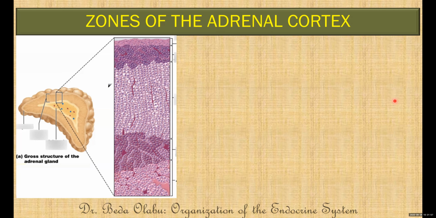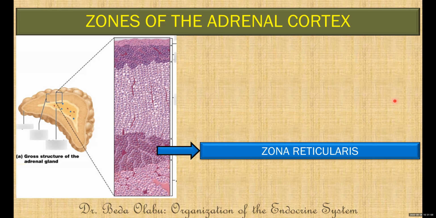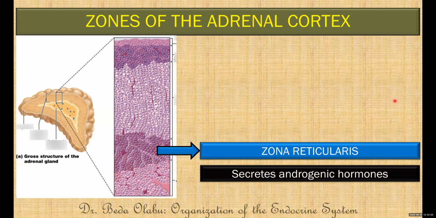The third zone is known as zona reticularis. Zona reticularis secretes androgen hormones. The androgens from the zona reticularis will have the same effects like the androgens from the testis. So we'll discuss them together when we talk about androgens of the testis.